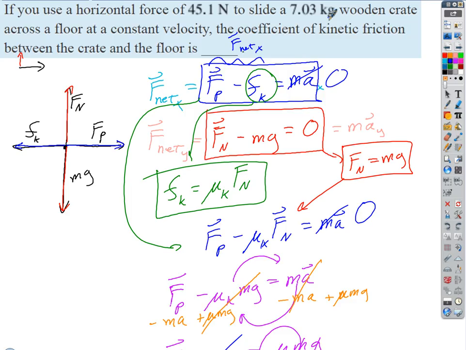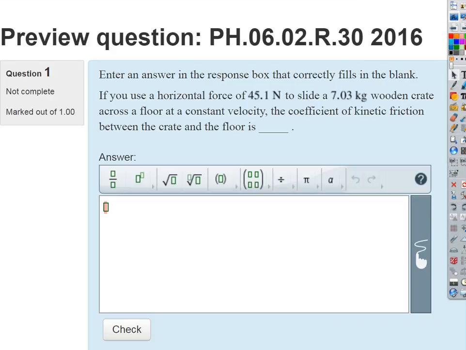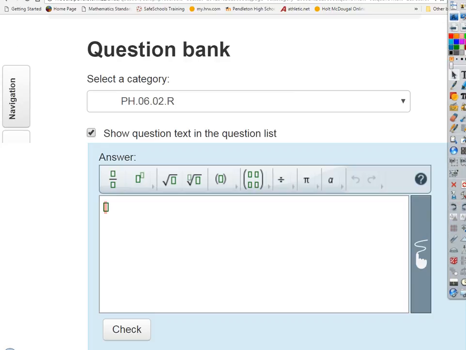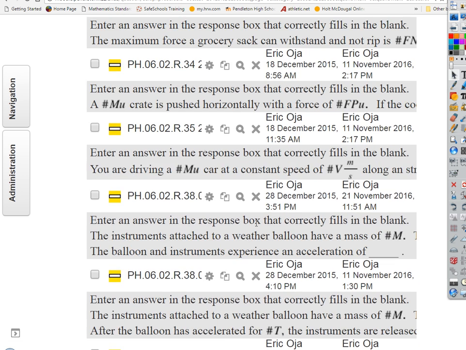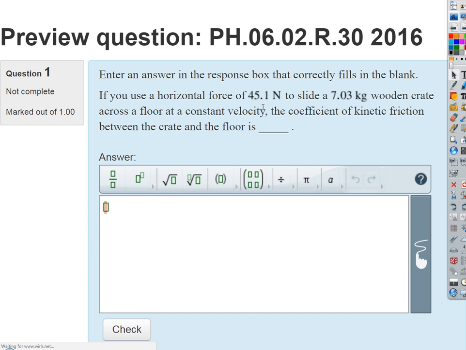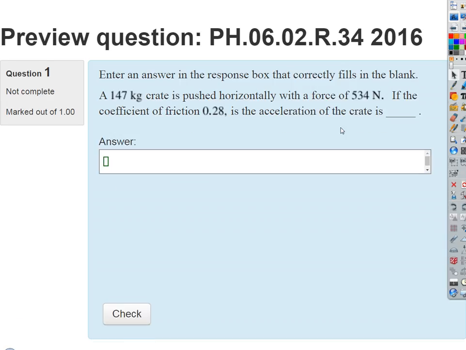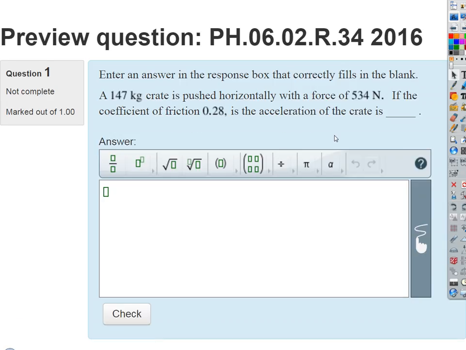Or you could just explain how you get the unit of F sub P. Well, let's look at the car one. I think that's a good idea. Okay, let's do this one.